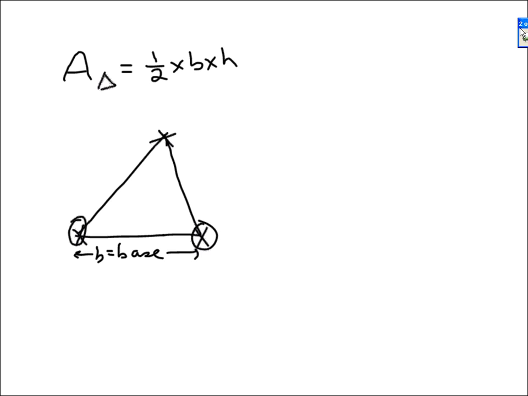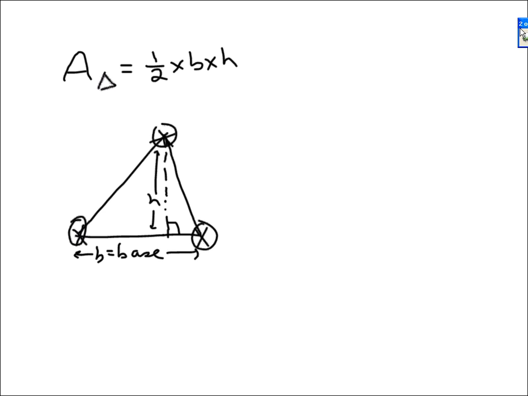These 2, I hope is clear, they're not opposite the base. The other one is, if you were to go down at a right angle to the base, that's called the height. This distance is the height. So the area is 1/2 base times height.